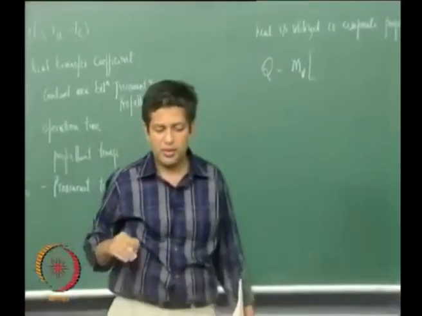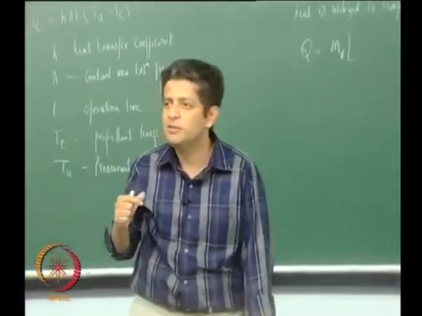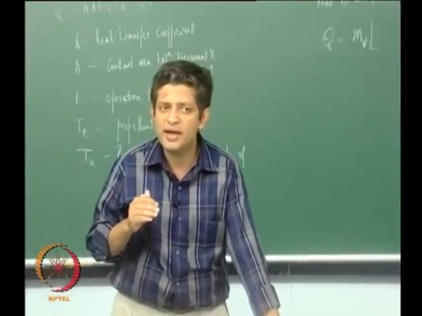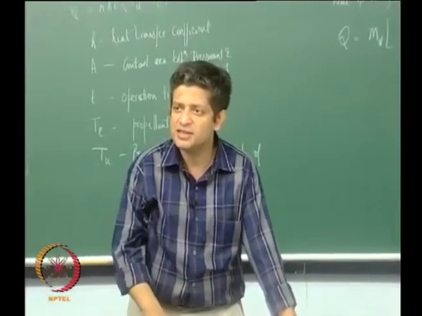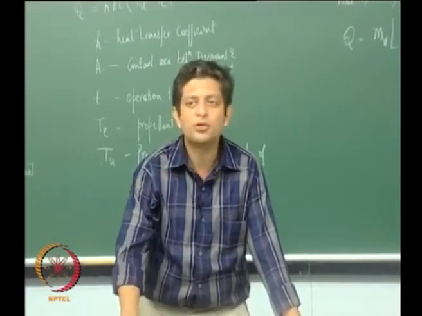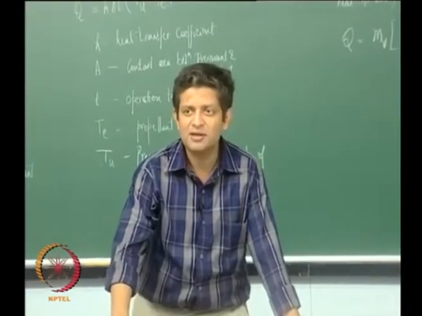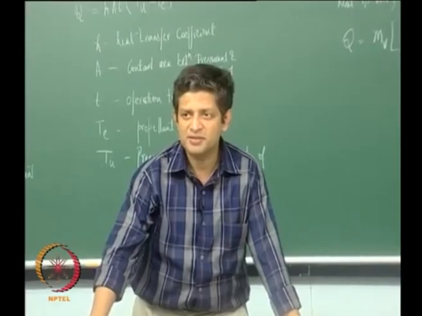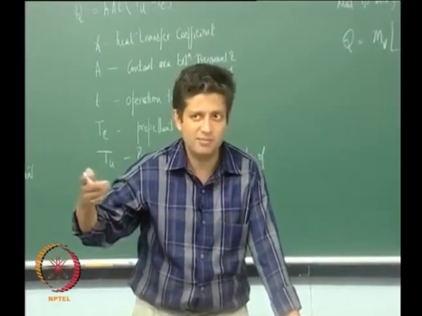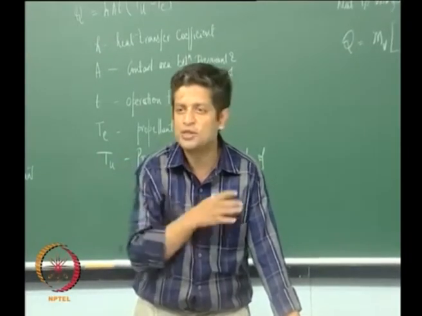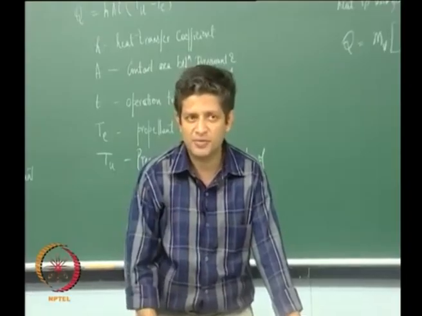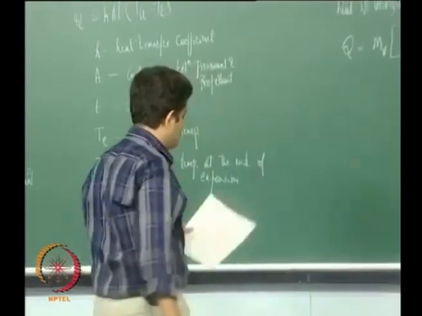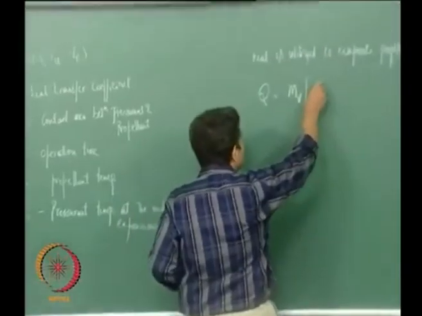Remember the propellant is a liquid. So it has to change its temperature from its temperature to its boiling point temperature, and then there is a constant heat of vaporization, and then it becomes a vapor, and then it has to go towards the temperature of the pressurant. So there are three components.